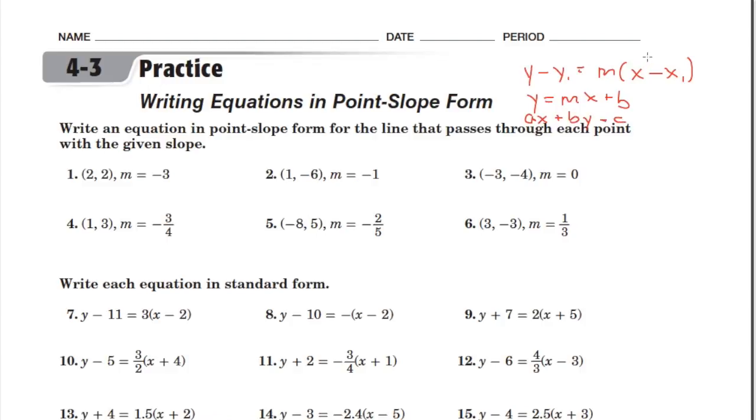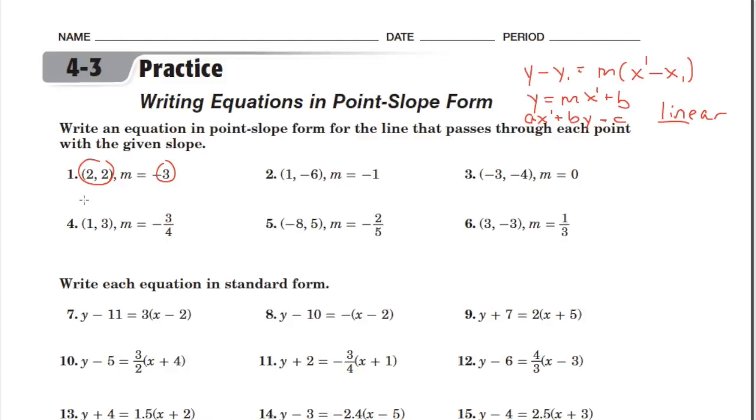In all situations, x is to the first power, making them all linear equations, so that when we graph them, we get lines. This worksheet just happens to focus on point-slope form, and all we're going to do is plug in our x and y value and our m value, and it's pretty easy.